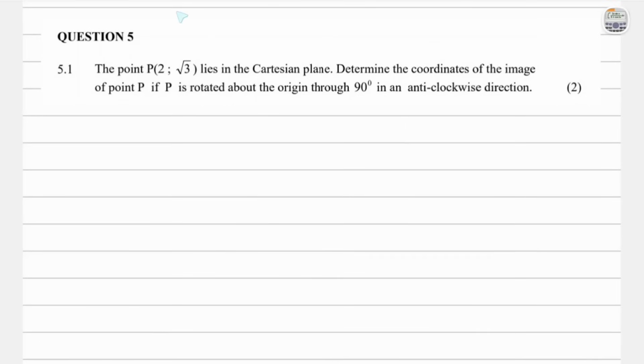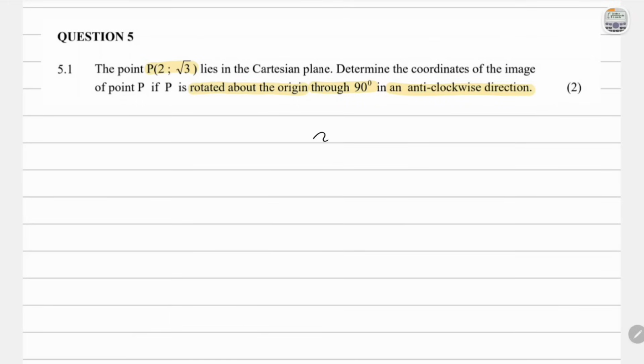Question 5.1 says, the point P, which is 2 and the square root of 3, lies in the Cartesian plane. Determine the coordinates of the image of P if P is rotated about the origin through 90 degrees in an anti-clockwise direction.